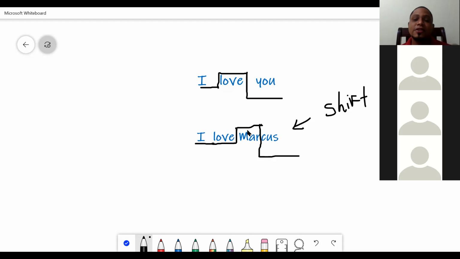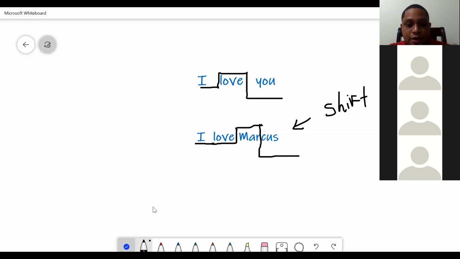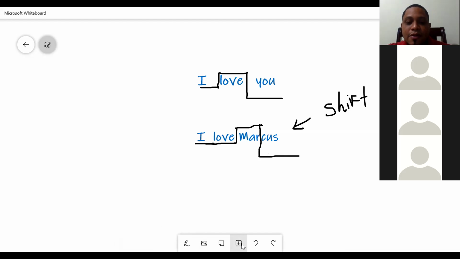So what you do is that you give the high tone to the first and the low tone to the following. But I'm gonna give you another case because maybe you're gonna get confused and I don't want you to get confused, okay? Let me give you another example of the same shift because I want you to be clear about this.